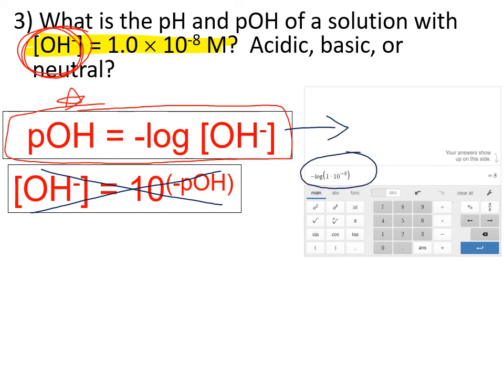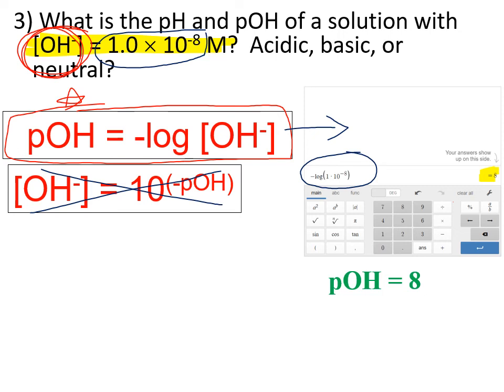Negative log, and log again is under function, and then you type that number in, 1 times 10 to the negative 8. And when you do, you get an answer of 8. And again, that's the pOH is 8. And it really helps if you do these on paper and you make sure you label what is what, because it's very easy to get it confused.